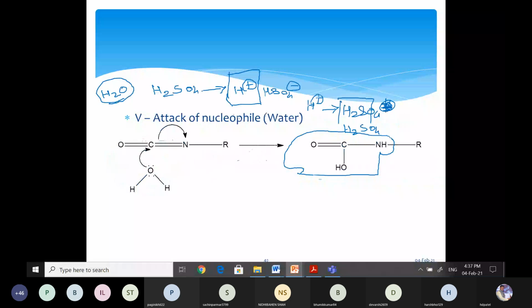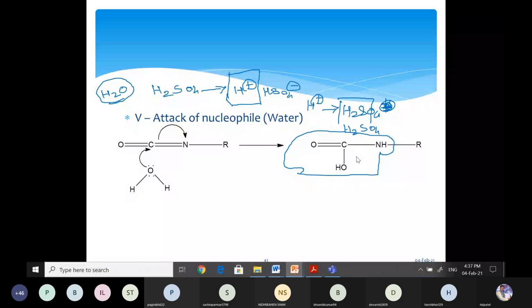So the water molecule acts as a nucleophile and attacks the carbon. When it attacks the carbon, migration of electrons takes place from carbon to nitrogen, and as a result we get this type of structure, known as carbamic acid. Here, NH C double bond O OH, carbamic acid forms.